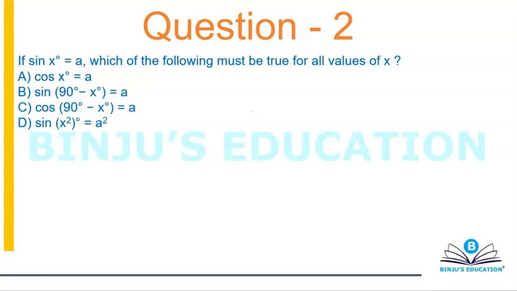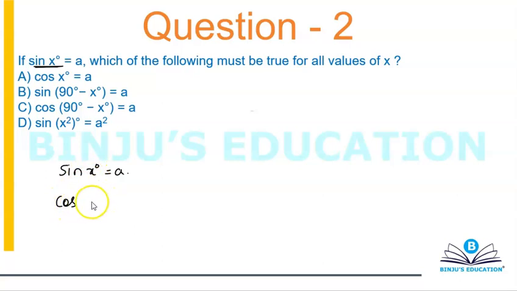All right, so sine of x degrees is equal to a. Which of the following must be true for x? Now, if sine of x is equal to a, I know that cos is complementary of sine.